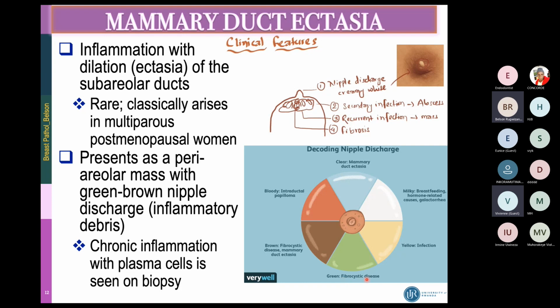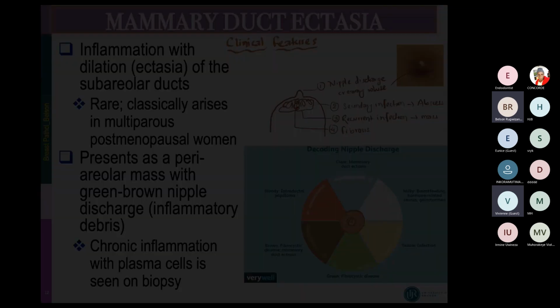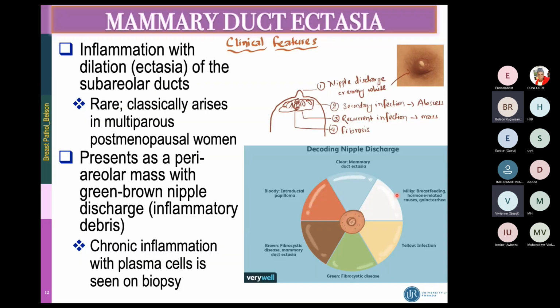Green is also seen in fibrocystic disease. Yellow is infectious, so usually this is pus. Milk is seen in breastfeeding, hormone-related causes, or galactorrhea. So looking at the color and asking if she sometimes has a fever or not can help you identify the cause of the nipple discharge.